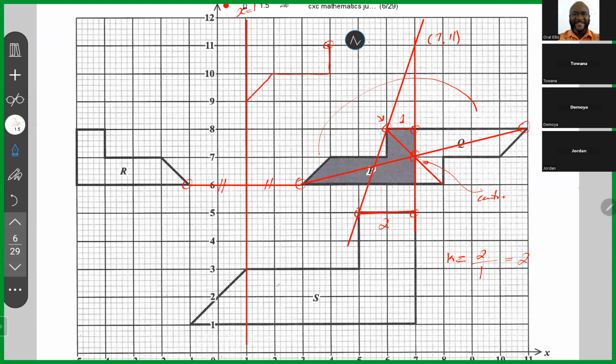Right, that's good. I have 1 half. Let's get the other half. So all I did was simply redraw the shape. That's all.